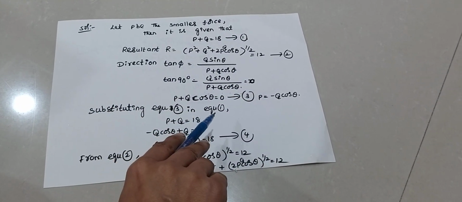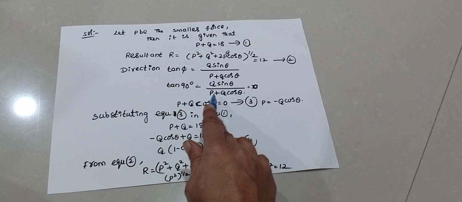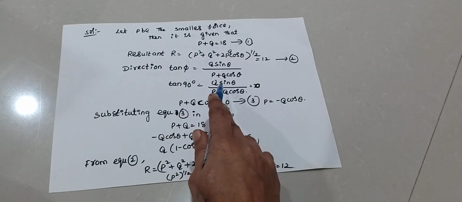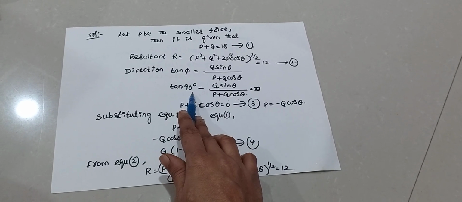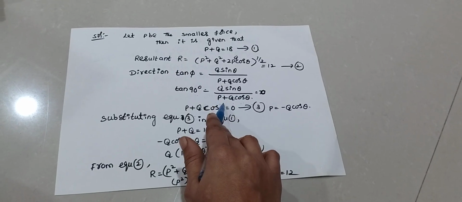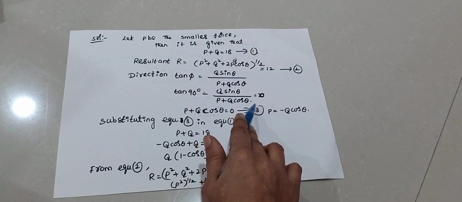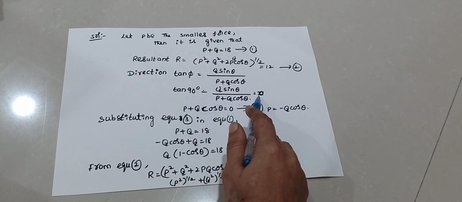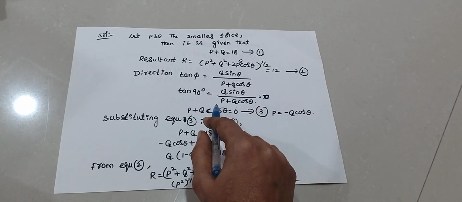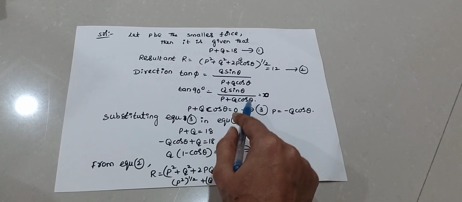Here tan 90 is equal to infinity, so Q sin theta by P plus Q cos theta is equal to infinity. In this case, infinity means the value of P plus Q cos theta is 0.